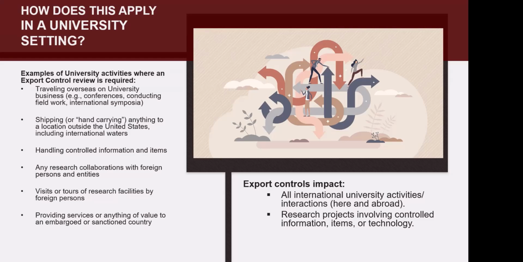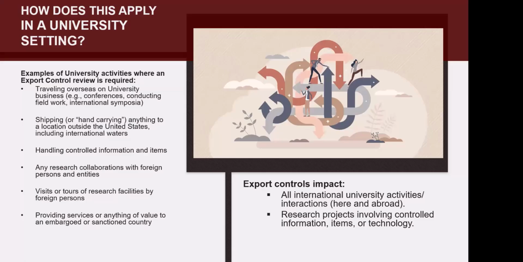And then if you're providing services or anything of value to an embargoed or sanctioned country. And so an example of something like this would be there are like core labs, or there are service labs on campus that do things like analyze blood, analyze urine, genetic sequence things, or provide sequence analysis of things. And so they will do that for hire.